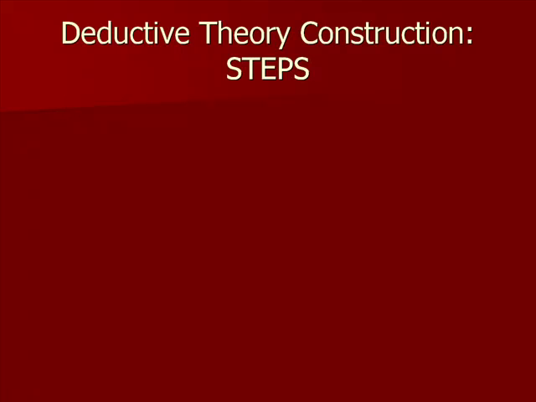So let's look at theory construction in terms of deduction, and try to remember this is all about explaining stuff. Here are the steps. The first is you need a topic. I think in Chapter 2 there was an adequate discussion about how you should choose your topic, but you need to specify it, not too narrow, not too broad, but just right in terms of your abilities to collect data.